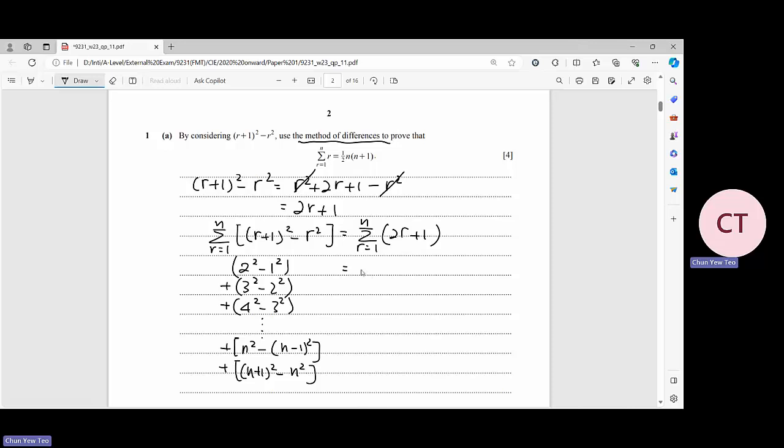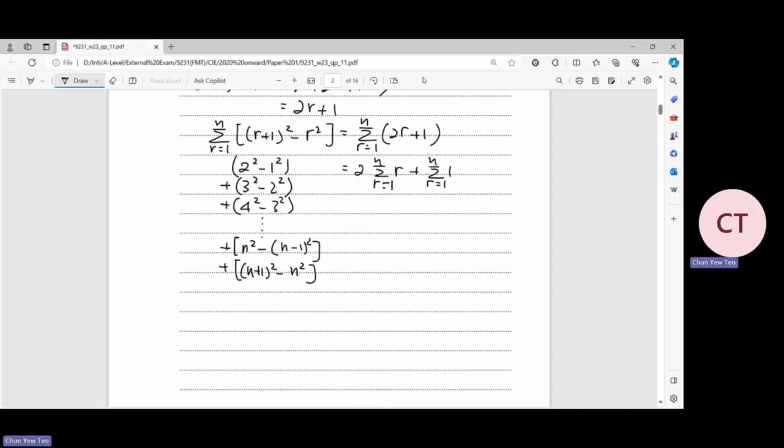For your right-hand side, just apply the property of the series. From here, the 2 squared, 3 squared, all can be cancelled off. They follow this pattern.